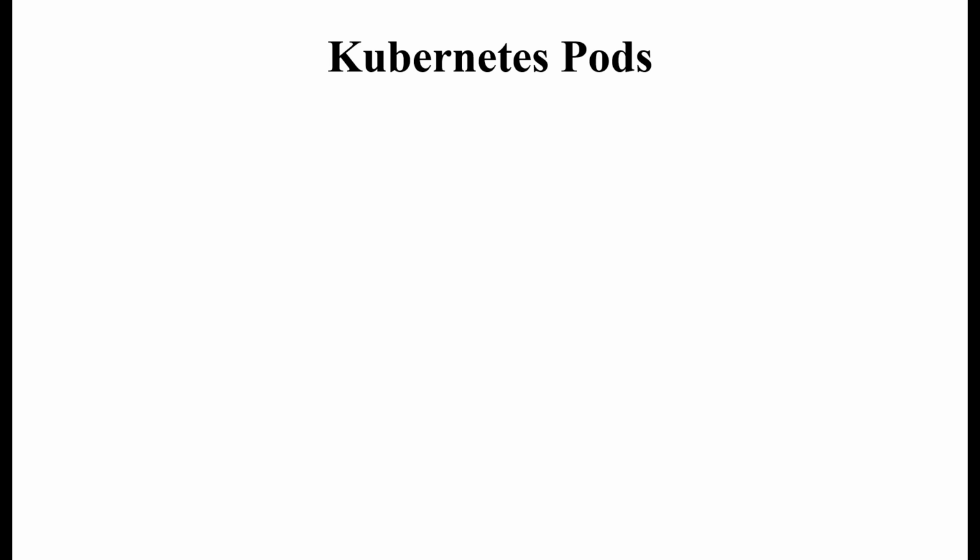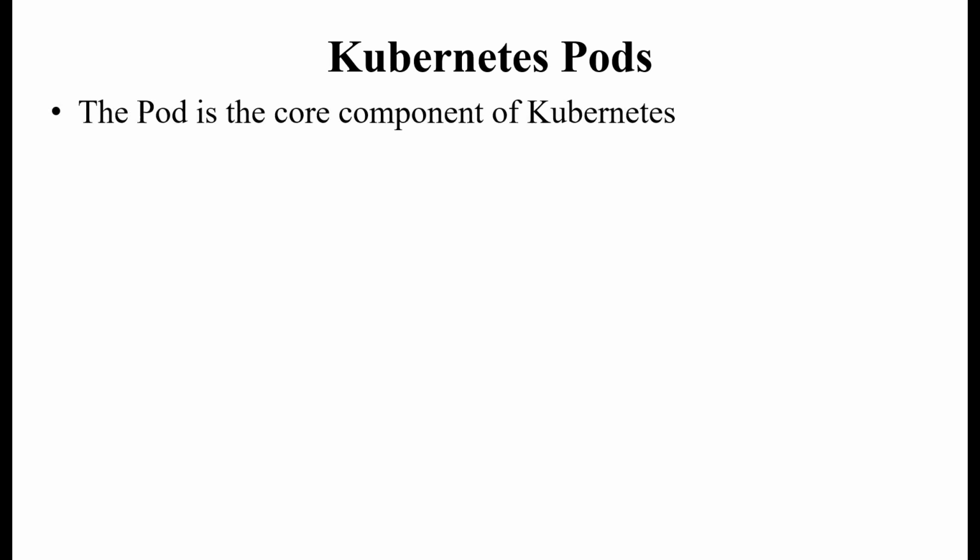One of the basic resources we have is pods. Kubernetes pods are like, from the Docker point of view, we understand the container, and instead of using the container keyword, we use pods. So the pod is the core component of Kubernetes, and a collection of one or more containers. Suppose we take that WordPress application and its database.